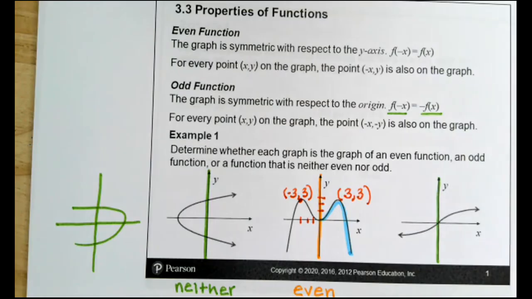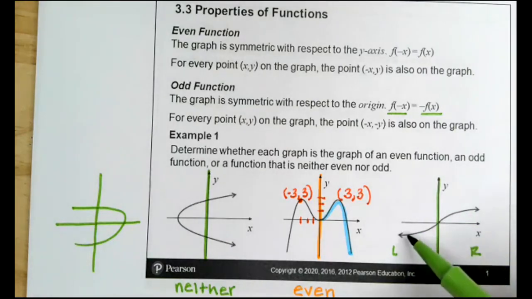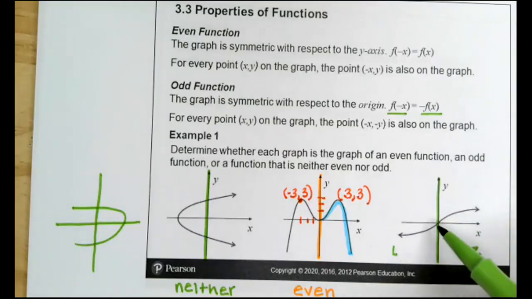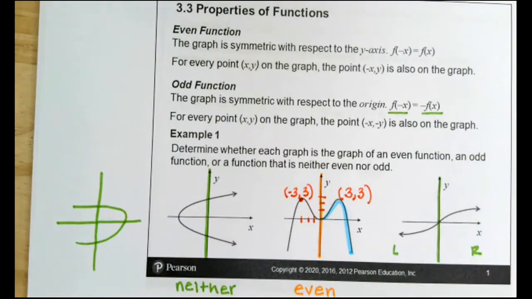So let's describe it. On the left-hand side, it is below the x-axis. On the right-hand side, it is above the x-axis, right? It crosses right at the origin.